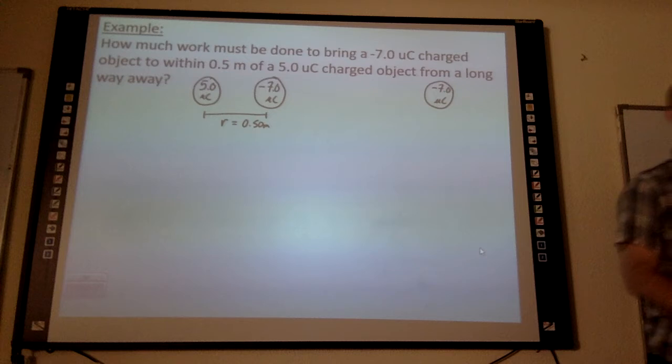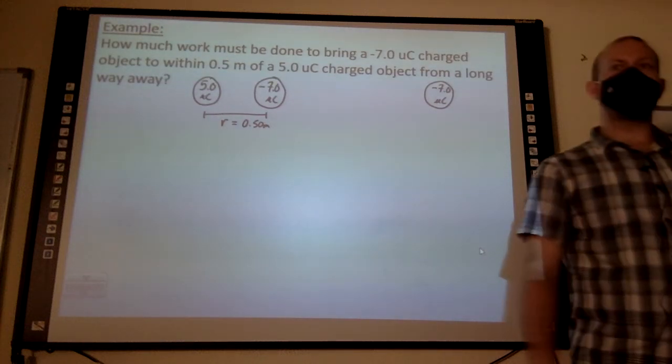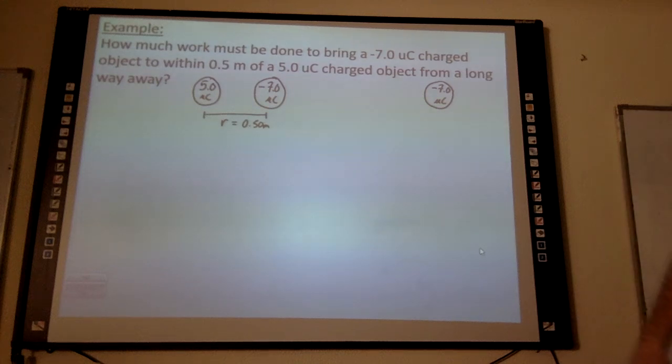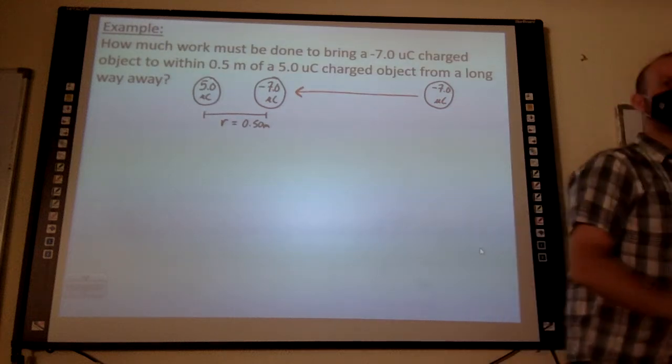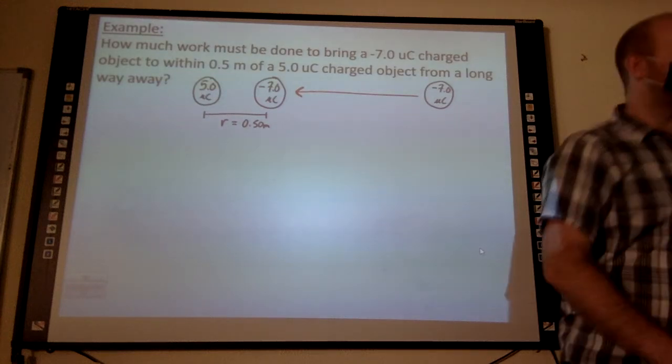So let's try this one. Same situation, except now we've got a positive and a negative charge. So here we are, we're moving our charge, same as the last question.